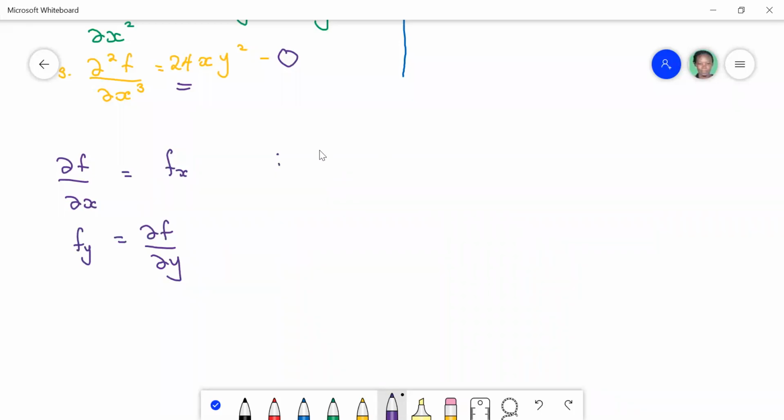If you have f x x, it means second order, so you differentiate twice with respect to x. And f y y implies that I differentiate twice with respect to y as well. So basically, this is what the higher order is all about.